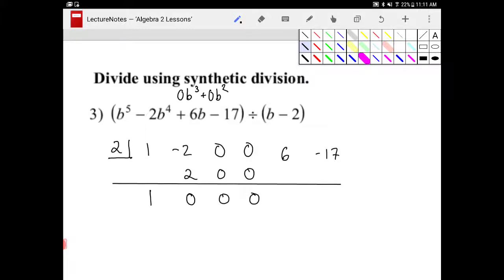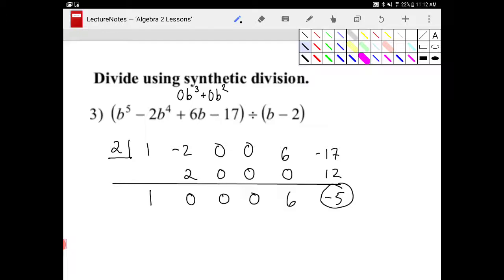I get 0. 0 times 2 is again 0. And then 6, I add and I get 6. And then finally 6 times 2 is 12. And then I add again, I get -5. So this last number here is our remainder. And then the stuff in the middle there, that is our coefficients.